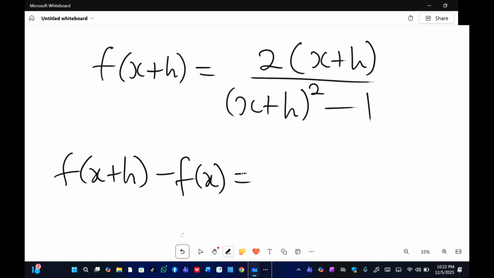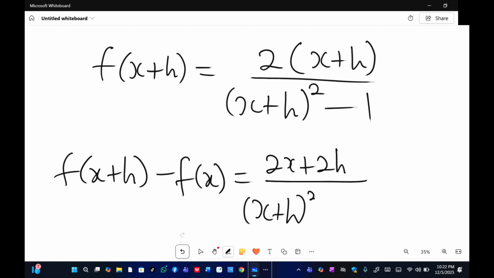This will be equal to 2x plus 2h, divided by x plus h all squared minus 1, then minus the original function, which is 2x divided by x squared minus 1.